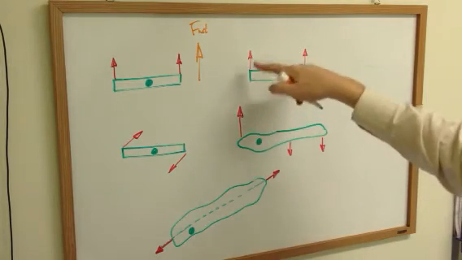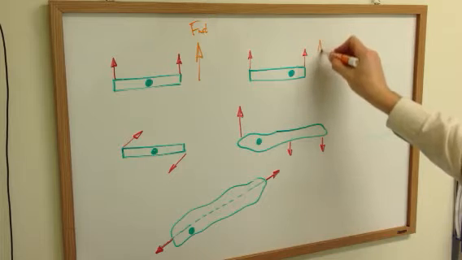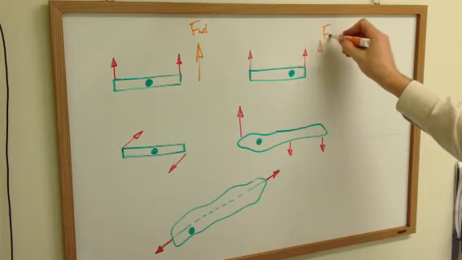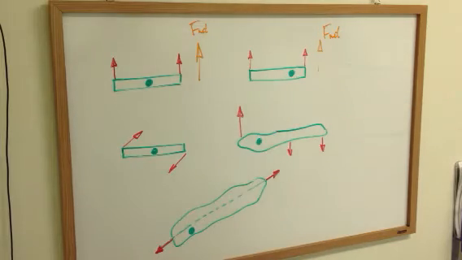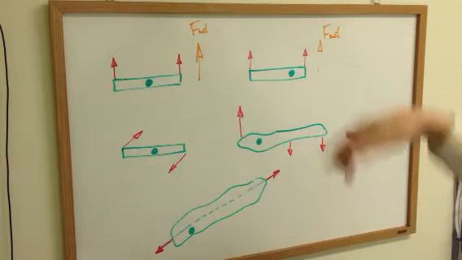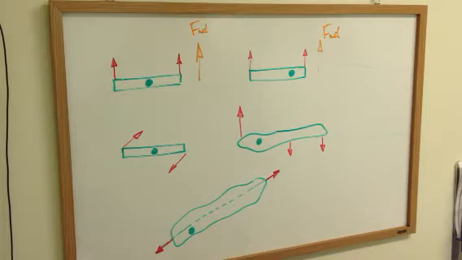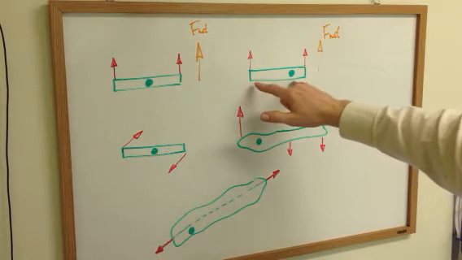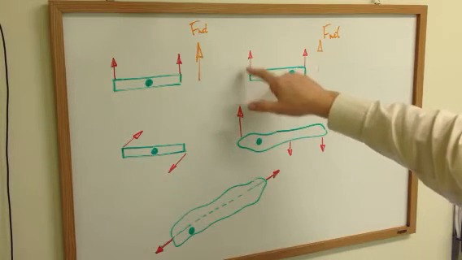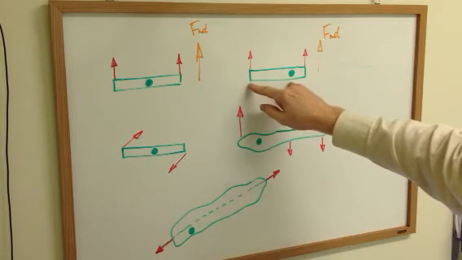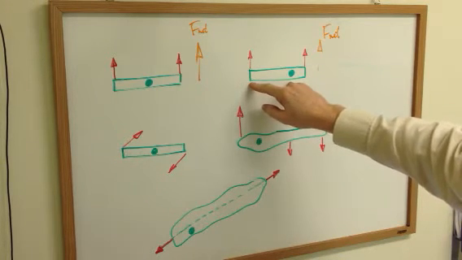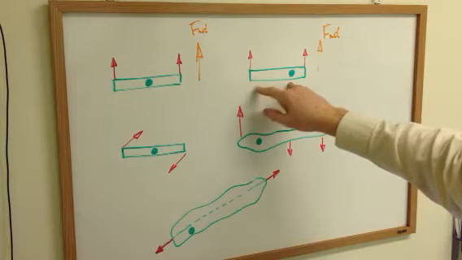Let's look at this one. The same two forces are there, so we definitely know there's a net force. We know this thing's going to translate upwards. It's going to accelerate upwards and translate. And let's consider the torque. Torque is a force times a lever arm. Both of these are the same forces, but the lever arm is much longer in this direction than in this direction.